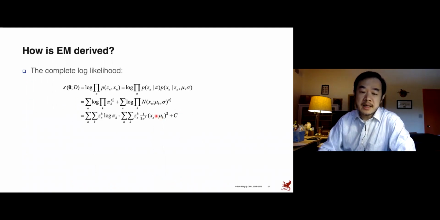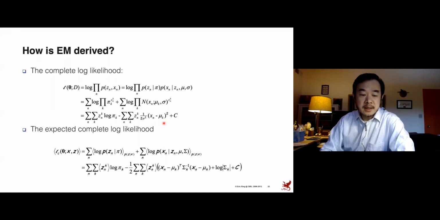Well, complete likelihood has a nice property, which is that it factorizes, right? If you take a logarithm, they factorize exactly along the Z and the X, so that pi and the mu are decoupled.